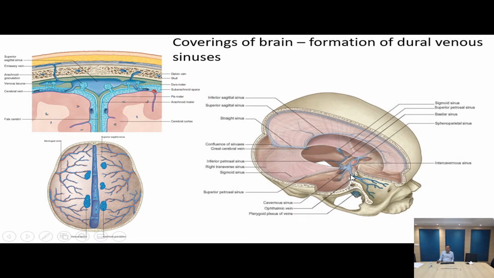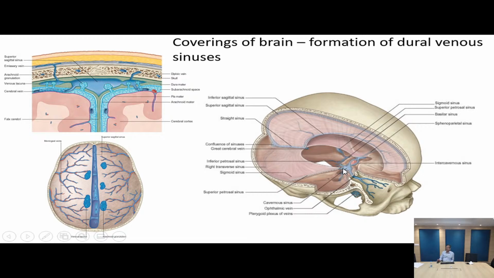This cavernous sinus is actually draining the vein from the retina, and the cavernous sinus also communicates with veins from the face. So veins from the face are communicating with the cavernous venous sinus, which also is draining the central vein from the retina.